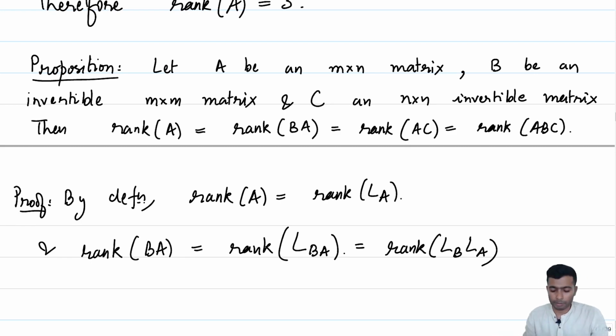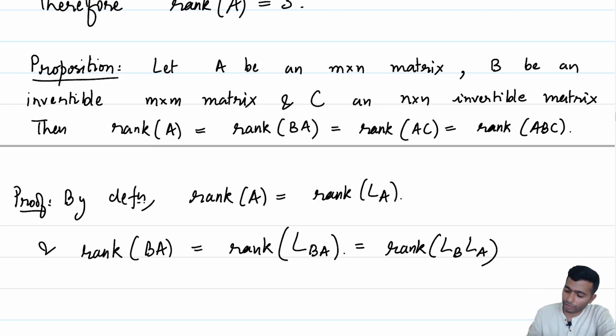So what can we say about L_B when B is an invertible matrix? We have proved this as well: B is invertible if and only if L_B is invertible. B is an invertible matrix if and only if L_B is an invertible linear transformation.